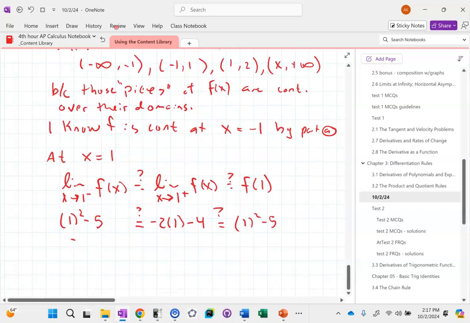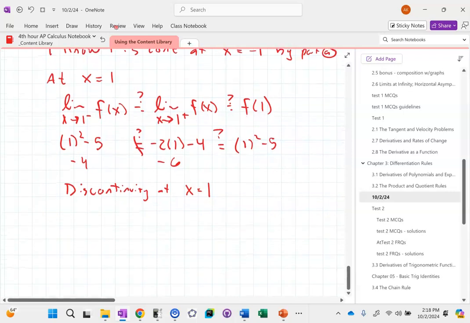But what do I see here? I see -4 and -6. Those are not equal, right? So we know we have a discontinuity at x equals 1. The left-hand side is going into -4, and the right-hand side is going into -6. This is a jump.